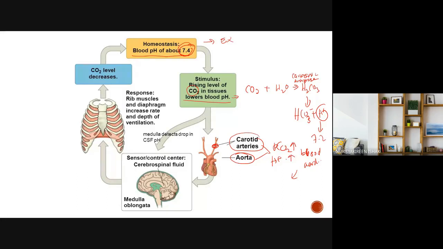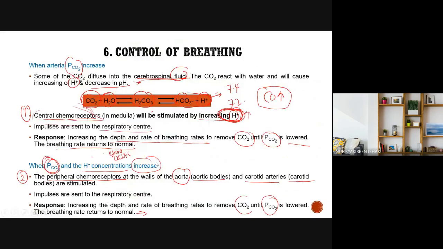When hydrogen ion increases, acidity increases, and pH reduces. Remember, hydrogen ion increases, pH decreases, this is the chemistry. So the medulla detects the drop in the, this is in the brain. What was its fluid just now?